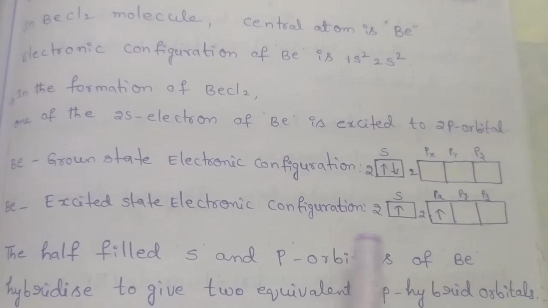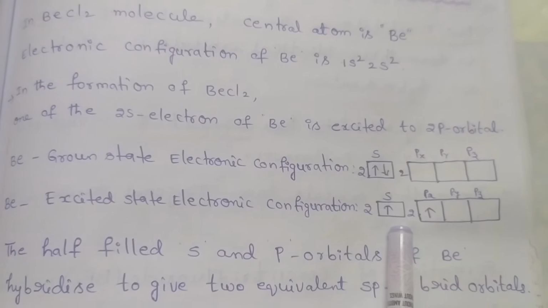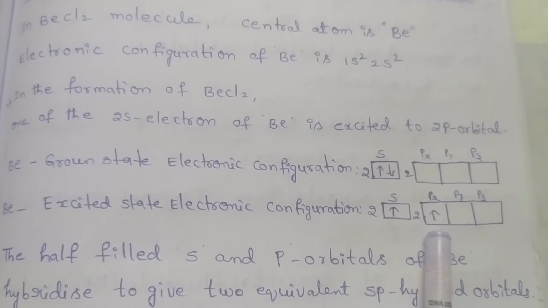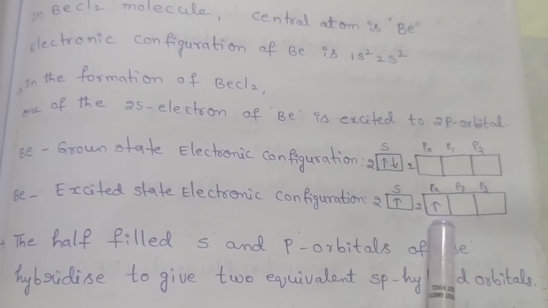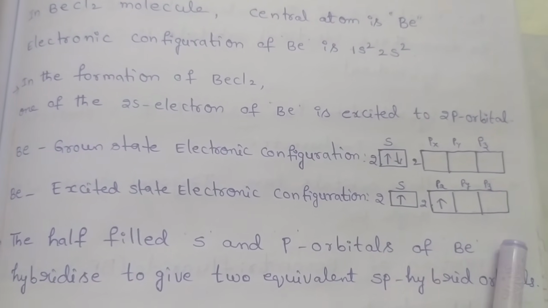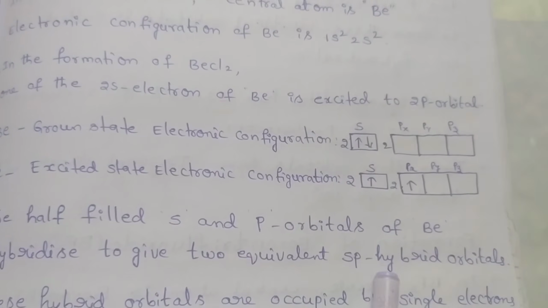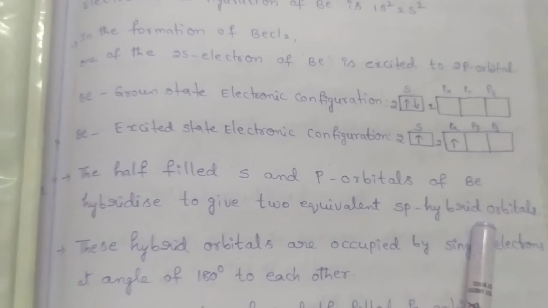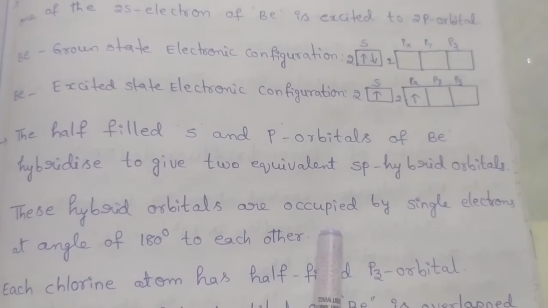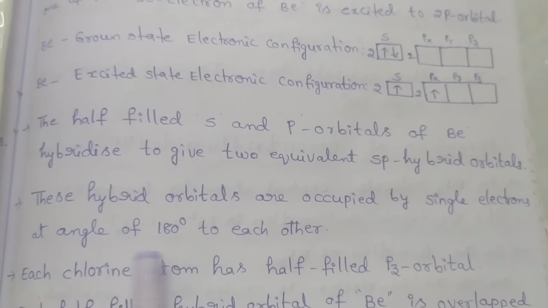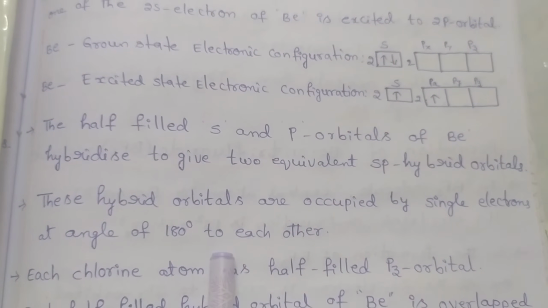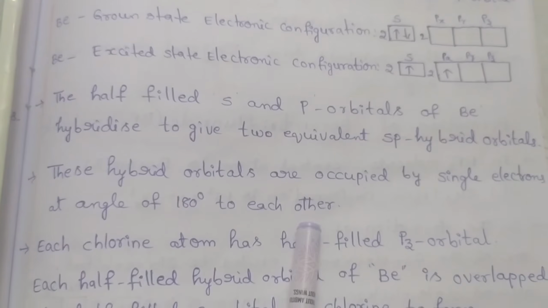Now, the half-filled s orbital of beryllium and half-filled p orbital of beryllium are combined together to form a set of two new sp hybrid orbitals. These hybrid orbitals are occupied by a single electron at an angle of 180 degrees to each other.